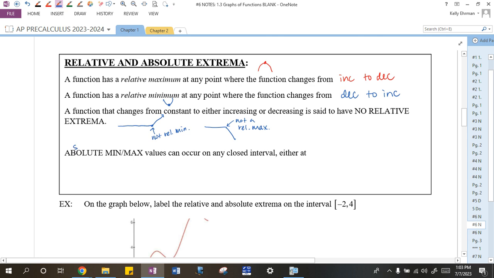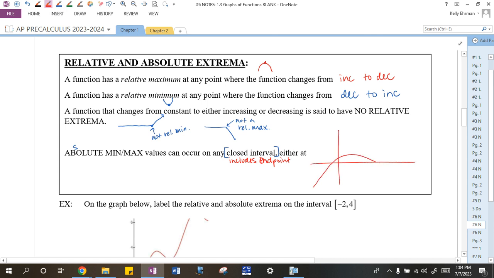An absolute minimum or maximum value can occur on any closed interval. So again, a closed interval is one that means we're looking at endpoints. So we're not going out to infinity. We're maybe saying, okay, here's a graph.